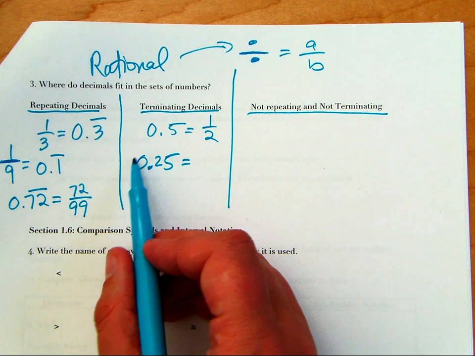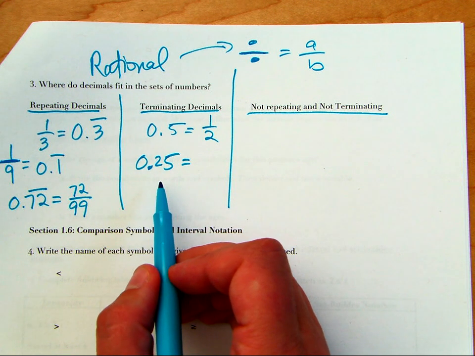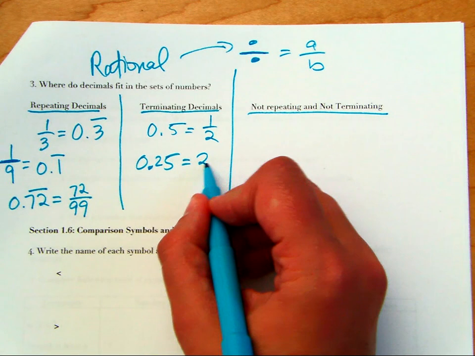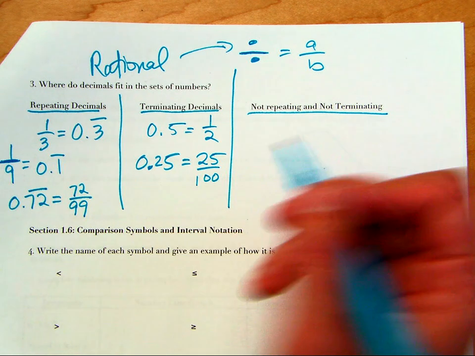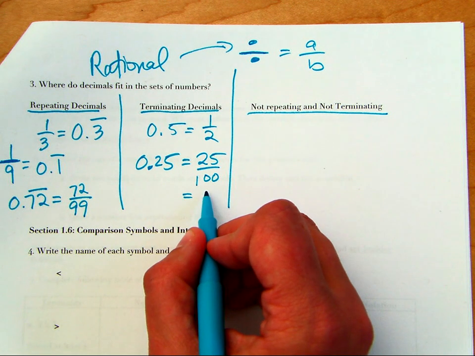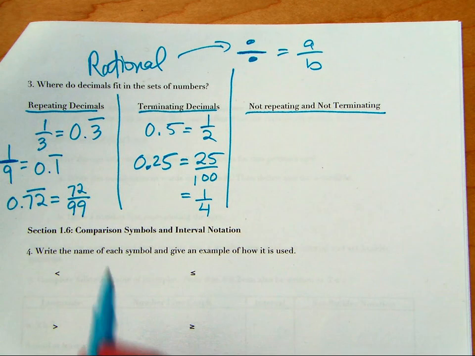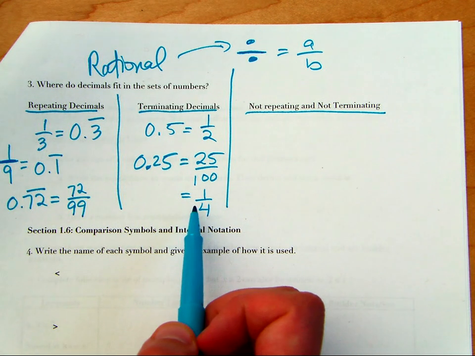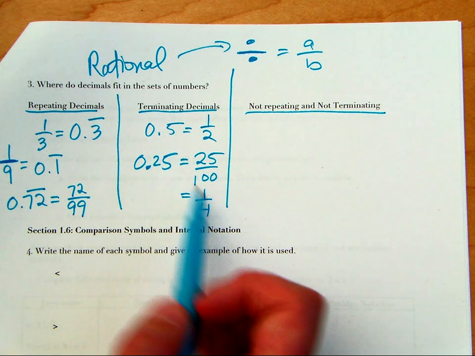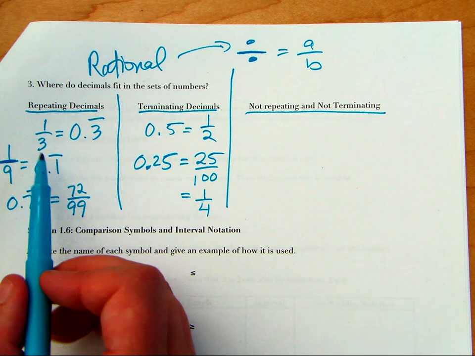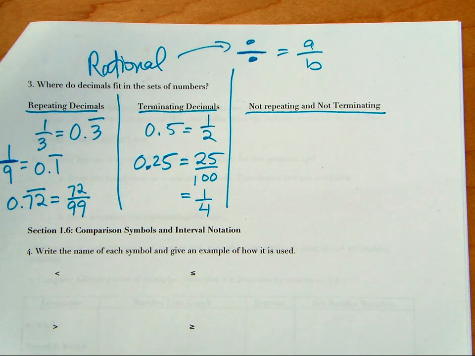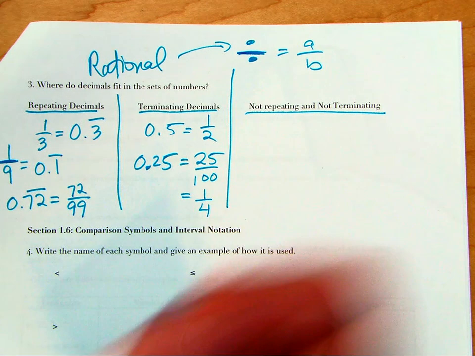When we read this number, this is 25 hundredths, which reduces down to 1/4. So when we make a decimal into a fraction, we use the place value. When we make a fraction into a decimal, we divide, because the fraction bar just means divide.